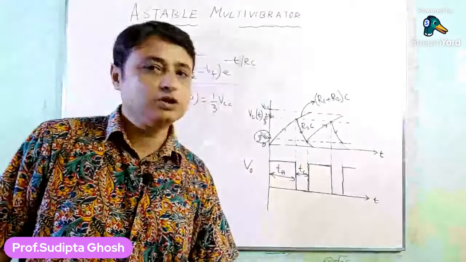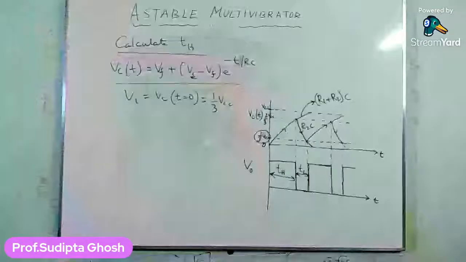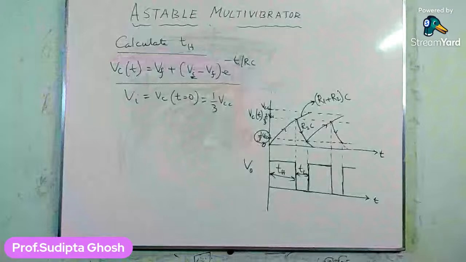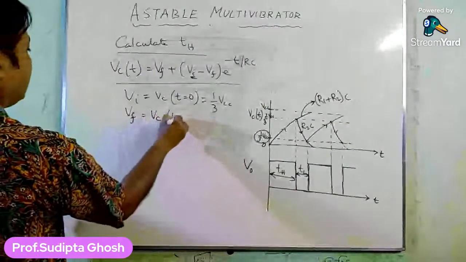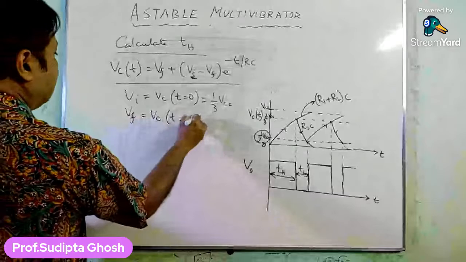Now let's move on to discuss what will be the value of VF. What will be the value of VF? As I have told, what is VF? That is the final voltage, when time t equals infinity.